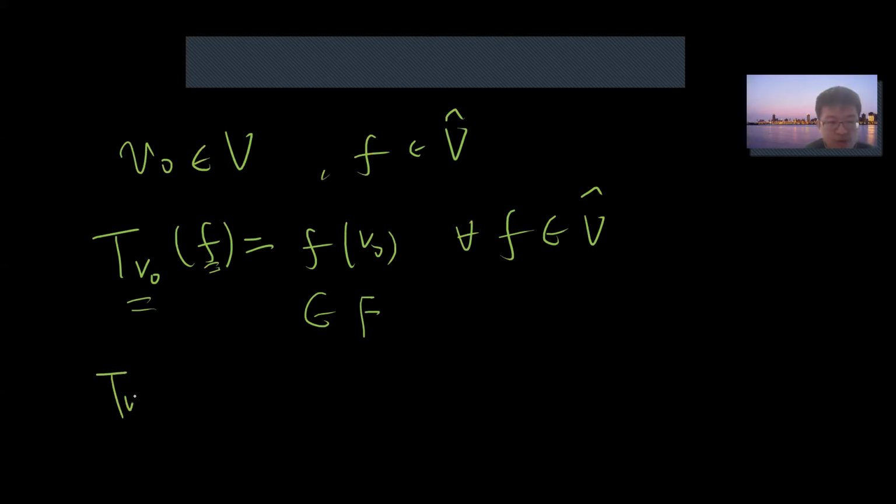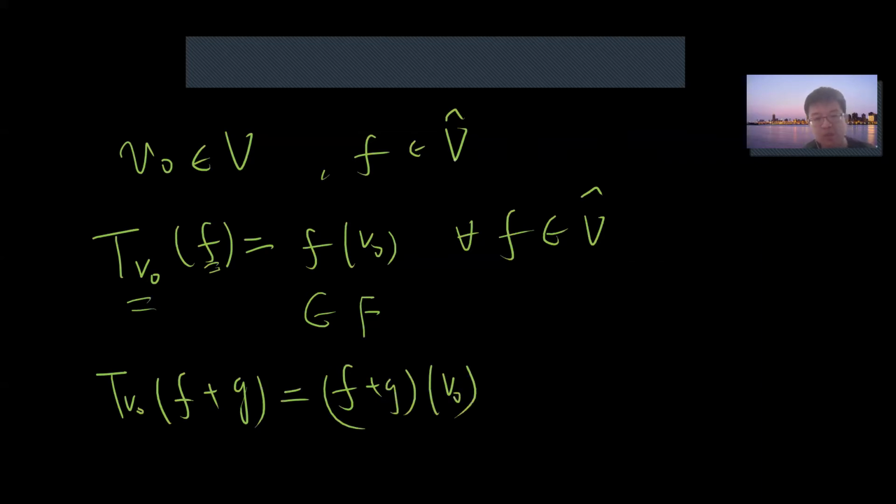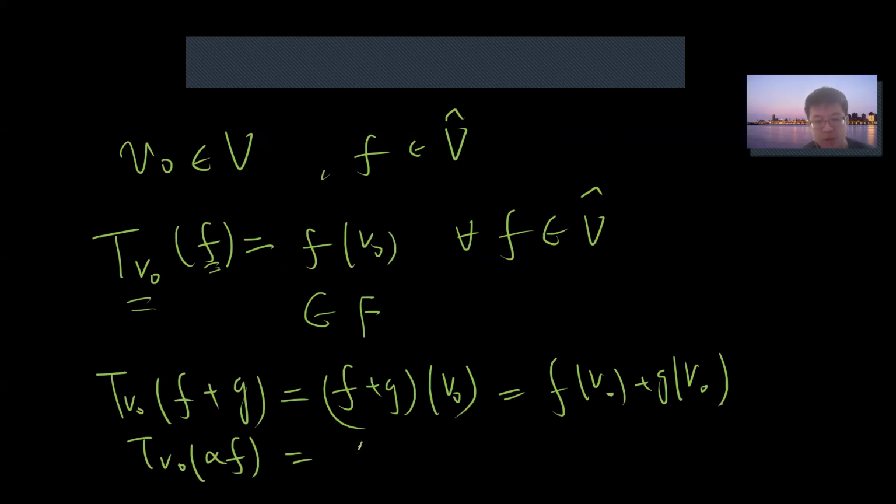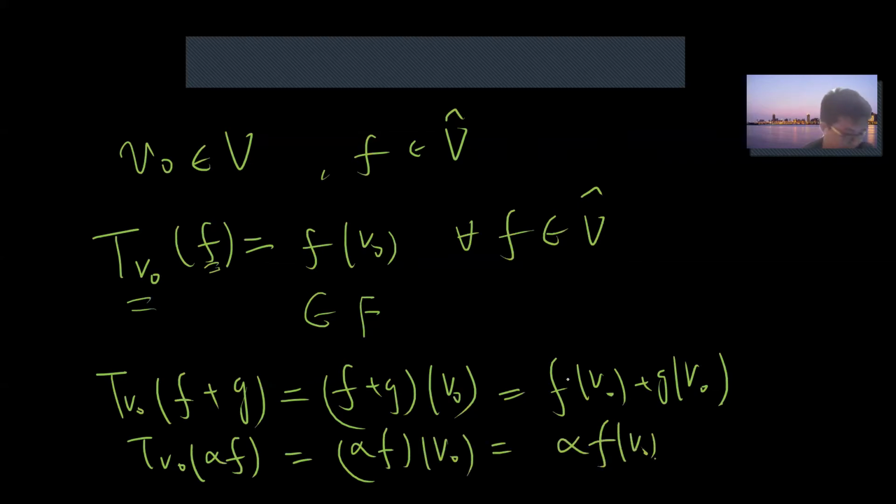But you see that T v0 acting on F plus G is F plus G of v0, and since the dual space is linear, this is F of v0 plus G of v0. Also, T v0 acting on alpha F becomes alpha F of v0, by definition.